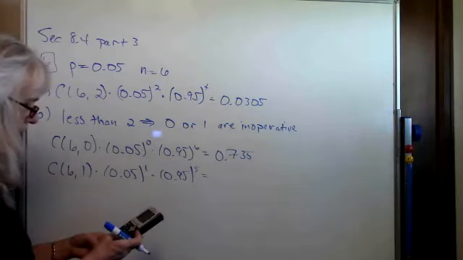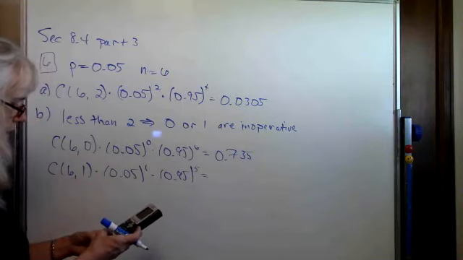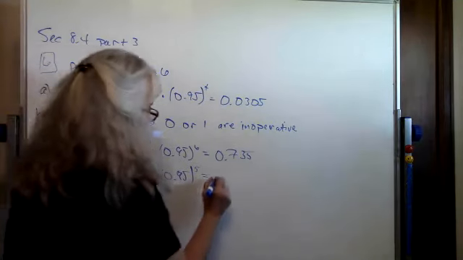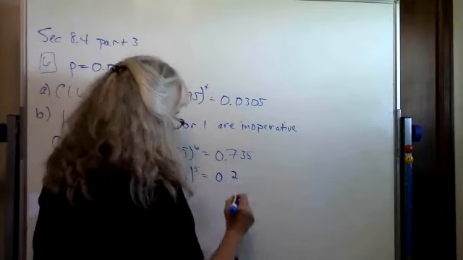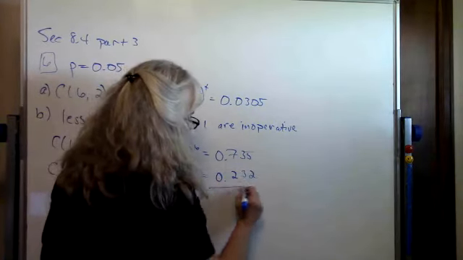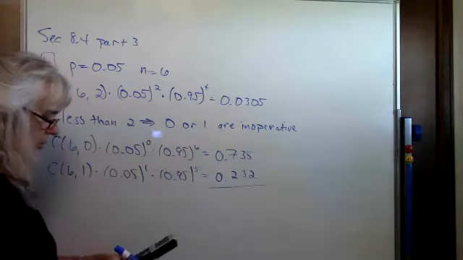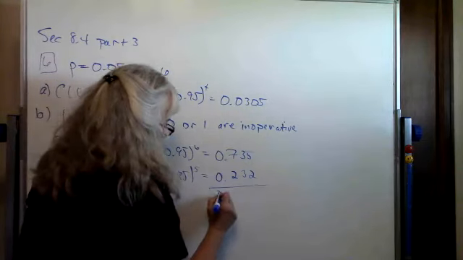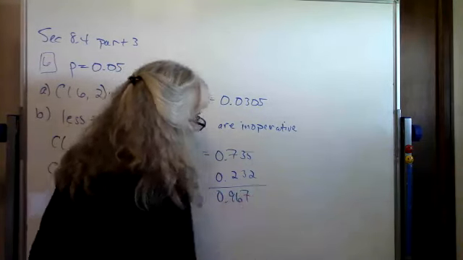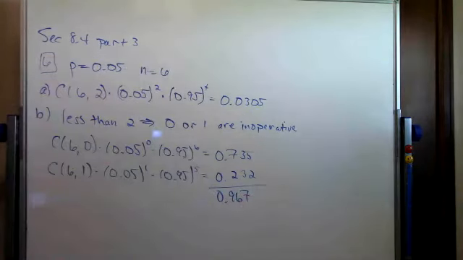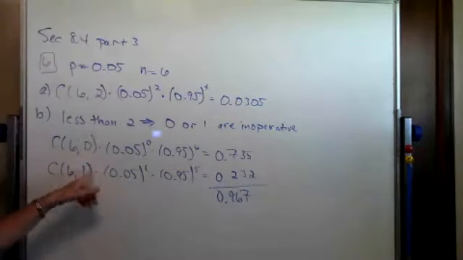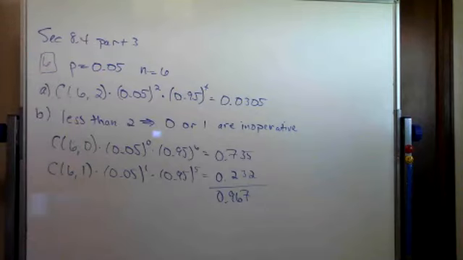So that's 6 times 0.05 and 0.95 to the 5th, which comes out to be 0.232. Then we're going to sum those 2 together. So 0.232 plus 0.735 comes out to be 0.967. So the probability that less than 2 are not working on any given day is 0.967, which is what you really want, right? Because either 0 or 1 not working, that's pretty high.